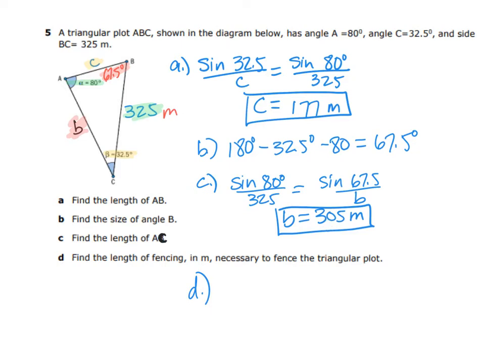So we're going to take the 325 that were given, plus the value we got for b, plus the value that we got for c. So hopefully you have those values stored in a variable. And so you'd add those all together, and we would get 807 meters to 3 significant figures.